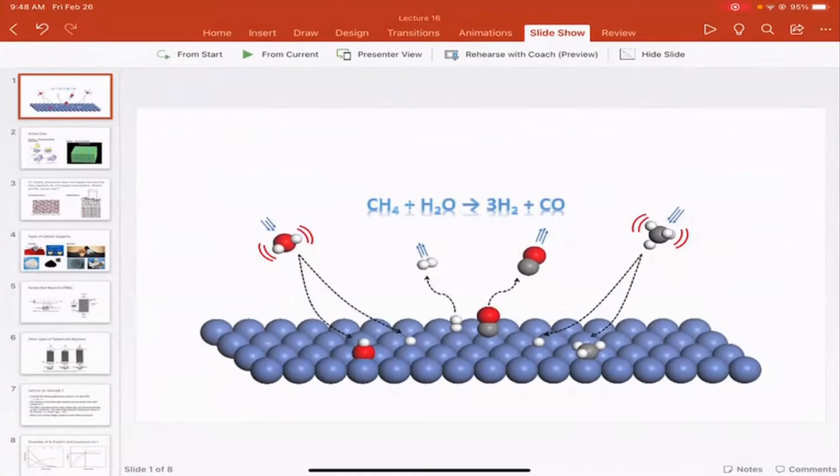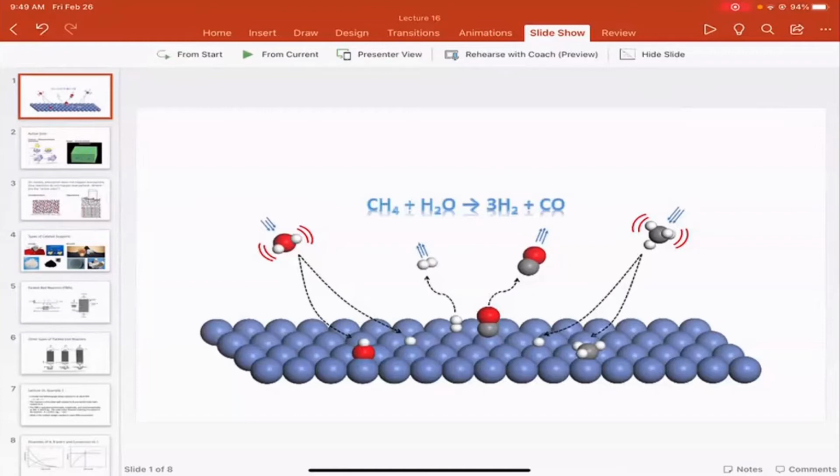If you remember on the very first day, we talked about reactions really just being single electron transfer events. And catalysts work to change the energetics for that electron transfer, either making it easier to accept or donate an electron. But if you notice, as we look at this surface, all of the species are not everywhere on the surface.